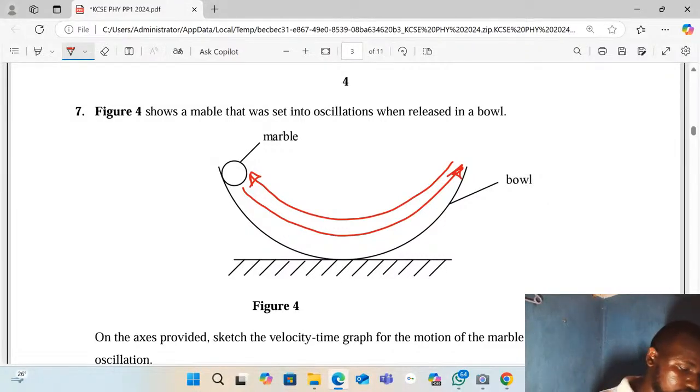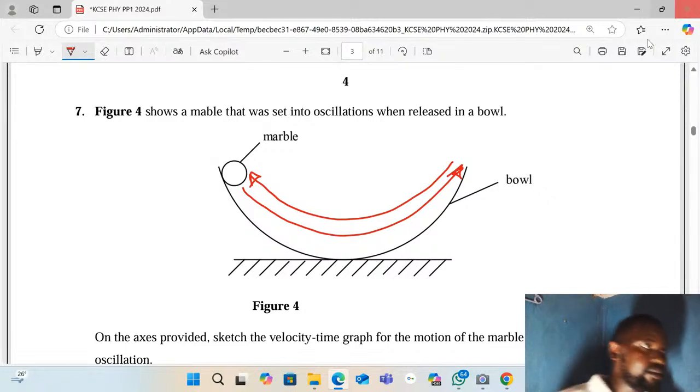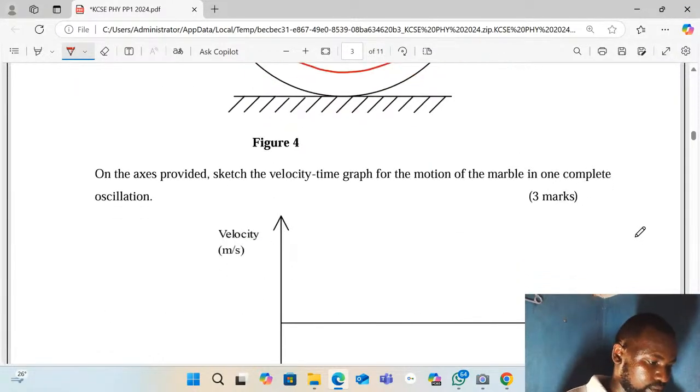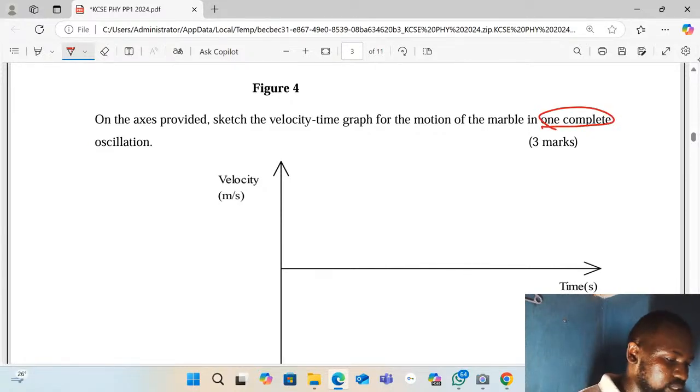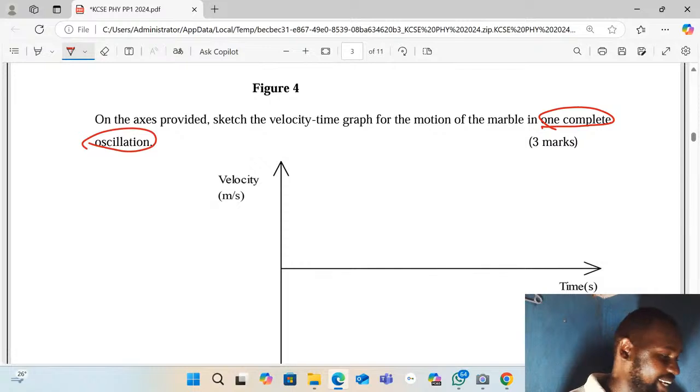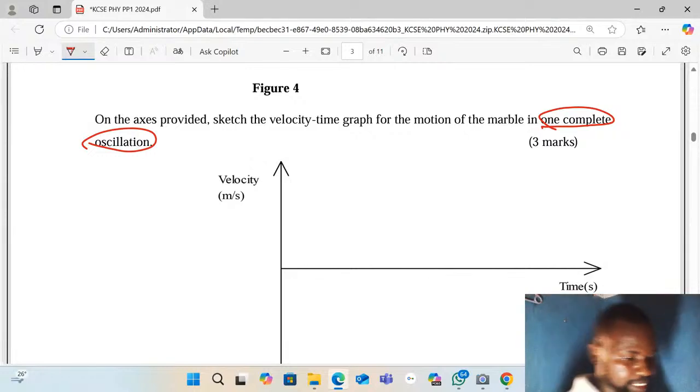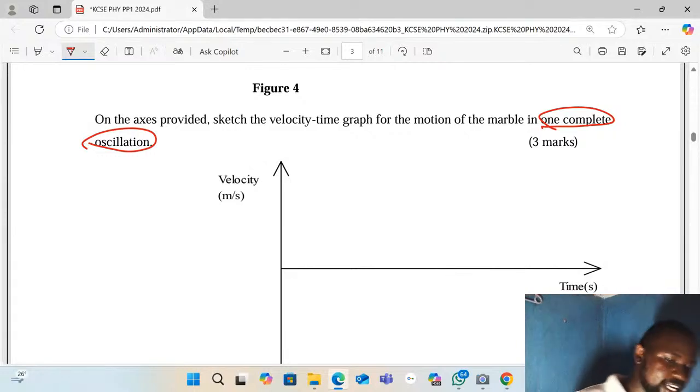Then we are told, on the axis provided, sketch the velocity time graph for the motion of the marble in one complete oscillation. Only in one complete oscillation. Therefore, we should not add anything else because the question is specific.